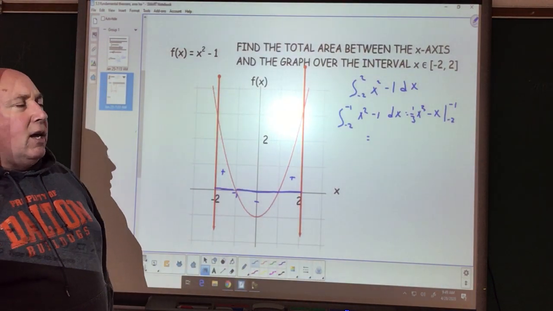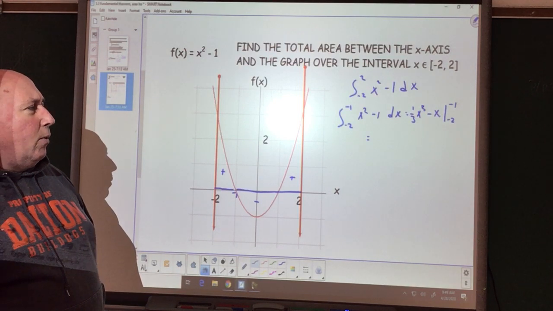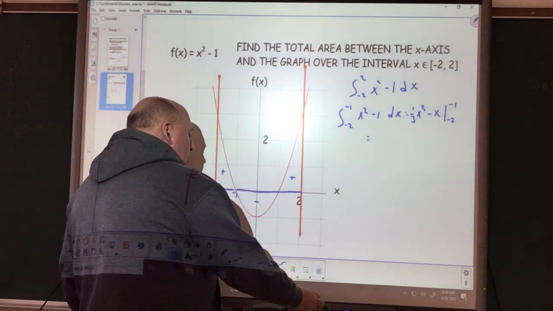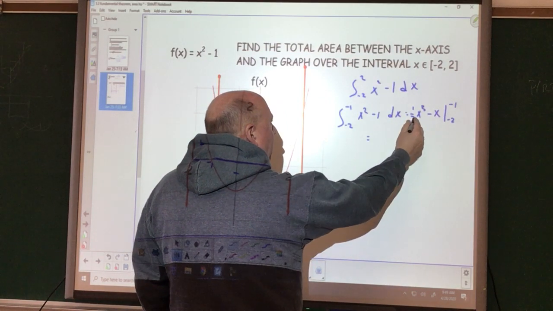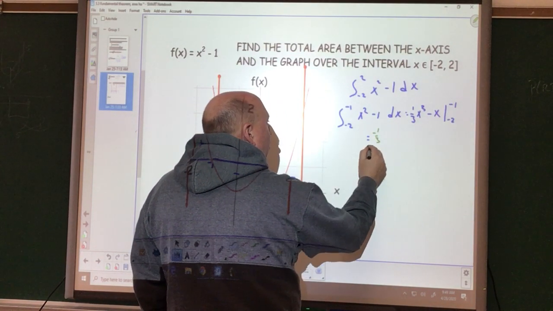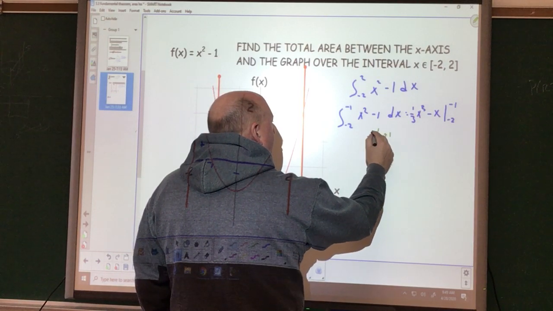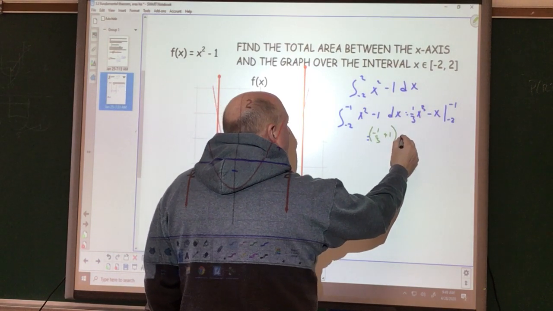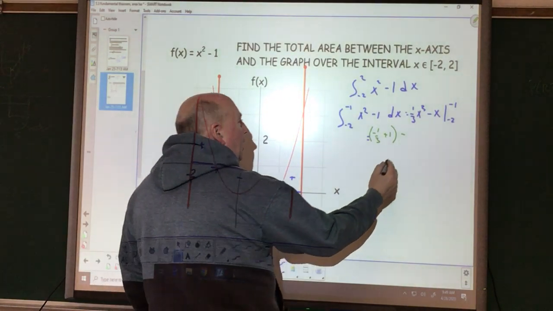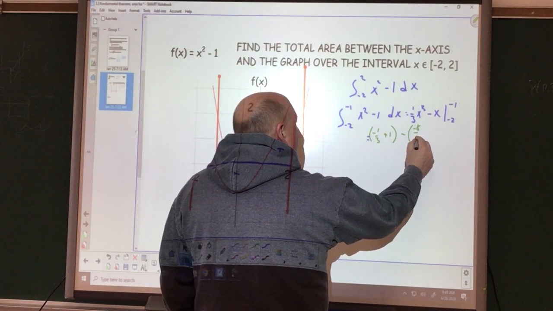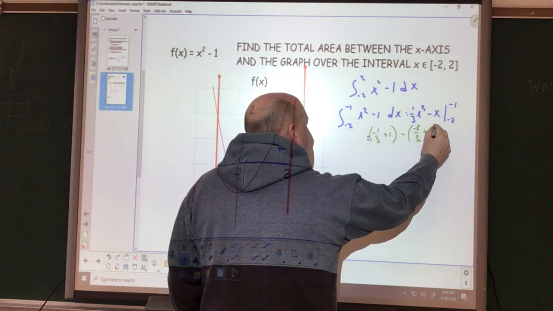So we have to evaluate at -1 and then evaluate at -2. Well, if I evaluate at -1, I get 1/3 times -1, which is -1/3, plus 1, minus my evaluation at -2, which would give me -8/3 plus 2.